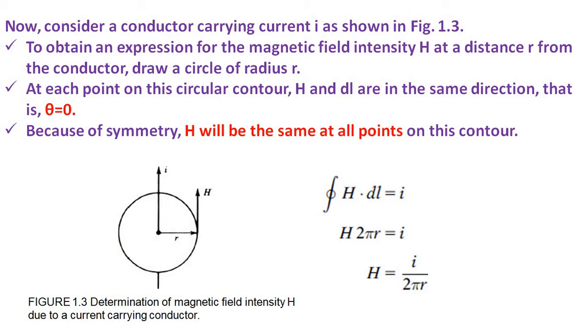Here, closed integral H dl is equal to I. The length of the contour is 2 pi r, so H times 2 pi r is equal to I. H is equal to I divided by 2 pi r.